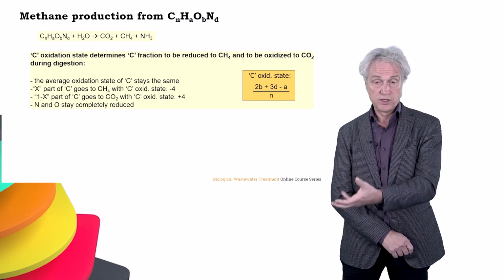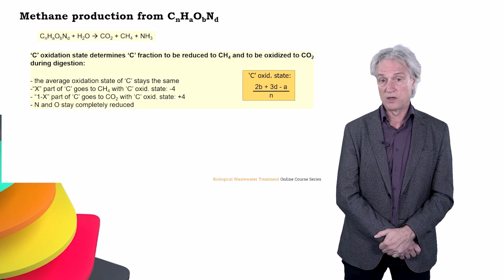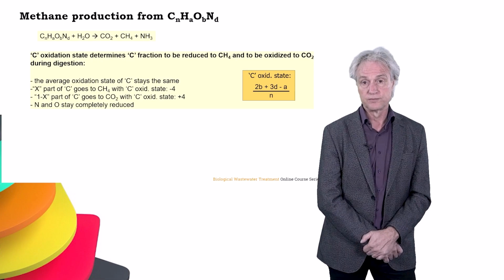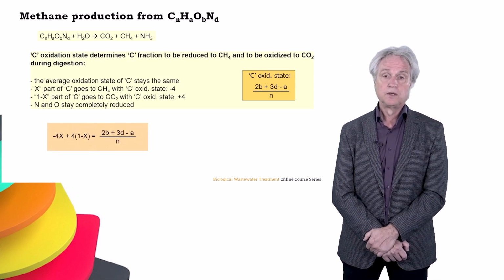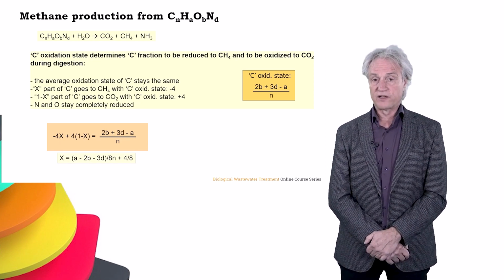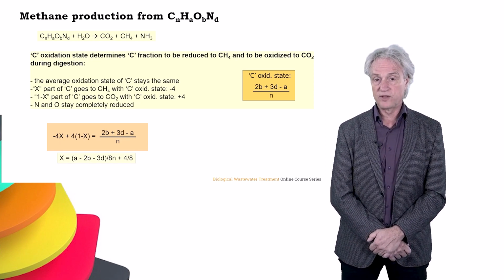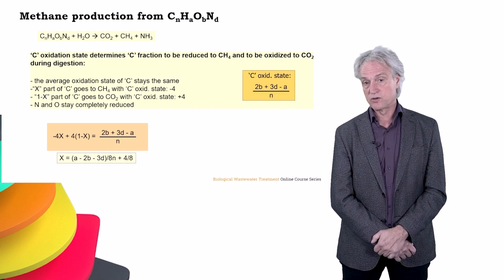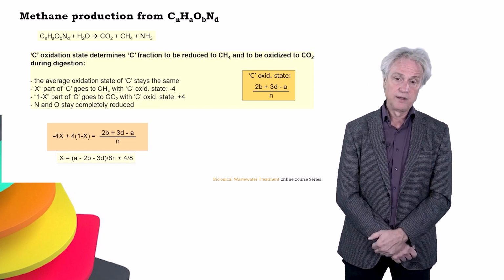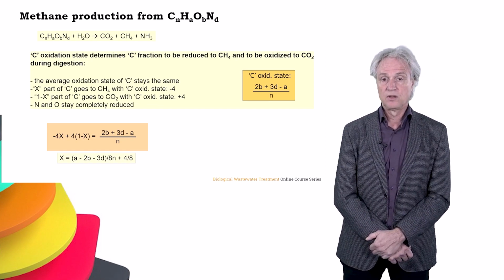Now during the reductive conversion, ammonium and oxygen stay completely reduced. Now then we can make an equation. 4x plus 4(1 - x) is the average oxidation state. Now based on this equation we can isolate x.